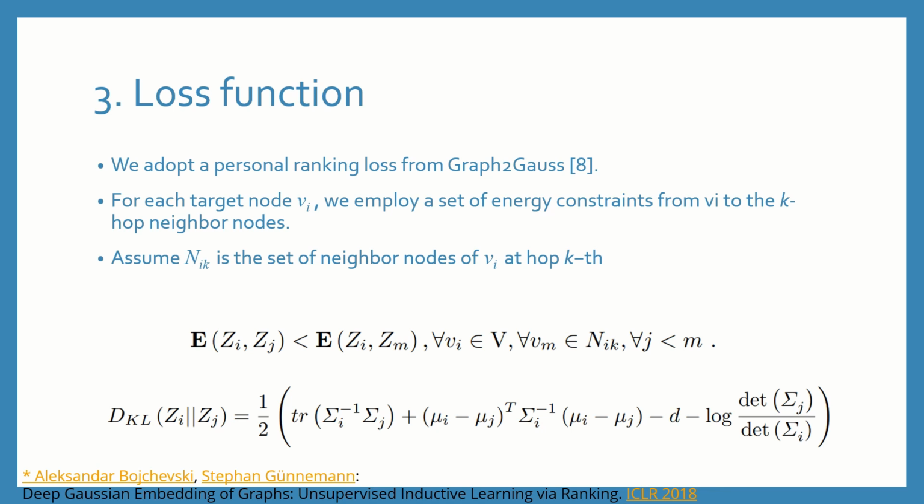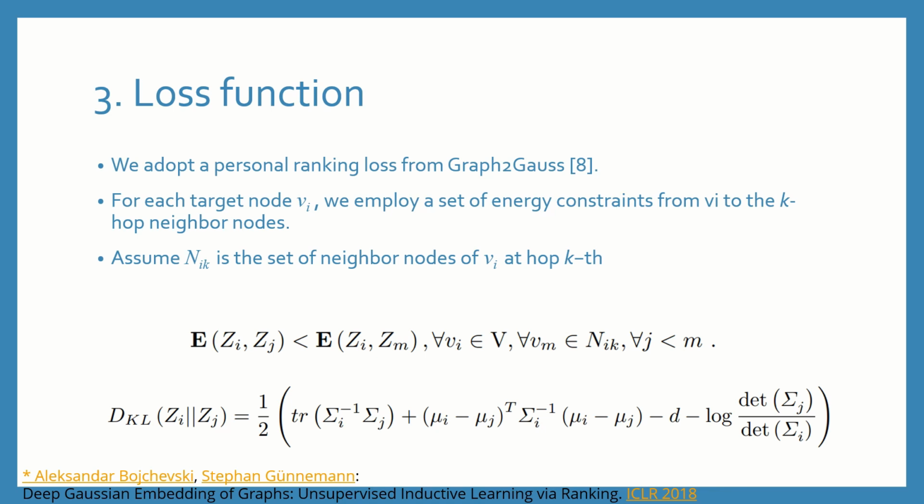In the loss function, we adopt a personalized ranking from the graph-to-Gaussian models. For each target node vi, we employ a set of energy constraints from vi to the k-hop neighbor nodes. There are many energy constraints from the target node vi to the node vz and the node vm.